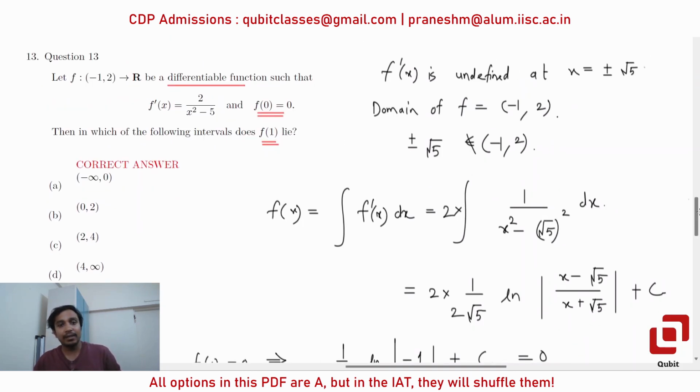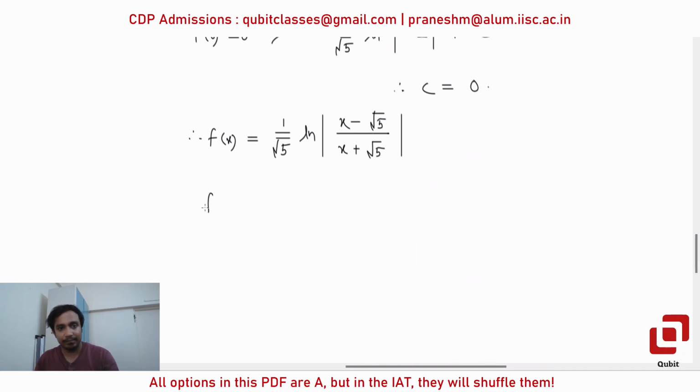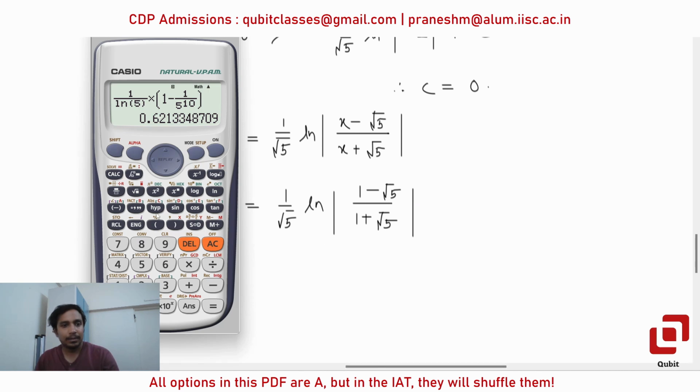f of 1 is what we want. f of 1 is 1 by root 5 ln mod 1 minus root 5 upon 1 plus root 5. Use calculator because it is allowed. So 1 by root 5 into ln.